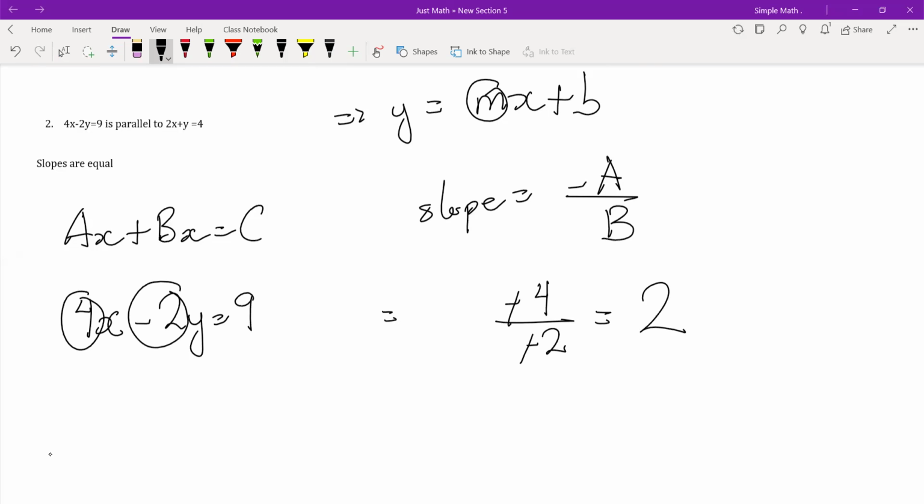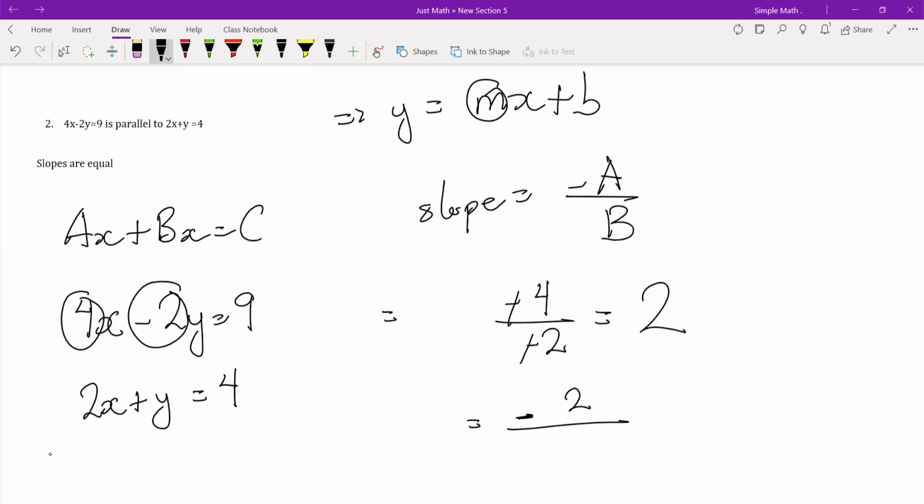And then for 2x plus y equals 4, again, negative a over b. So A is 2, so negative 2 over, what is our B?